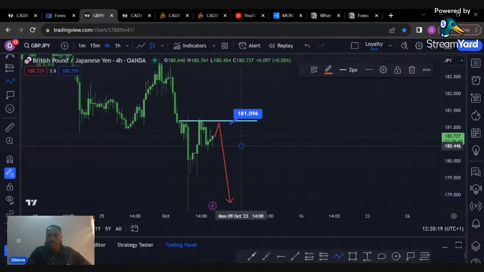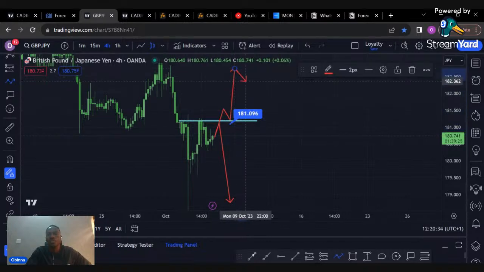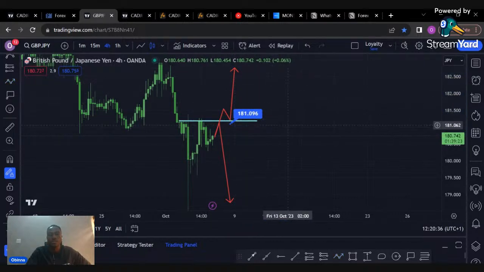But if price breaks this area, what you'll be looking out for is a confluence that it does not do a fake out. You want to see a retest around here to go up. That's what you'll be looking out for. Any of it that happens is fine.